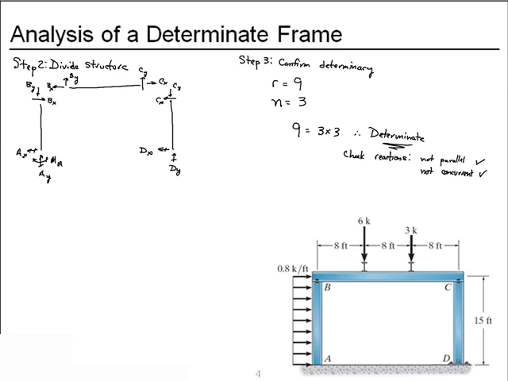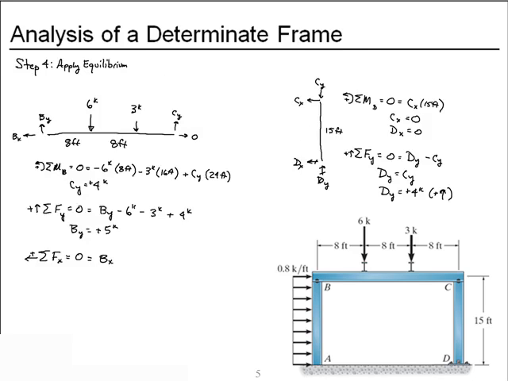In step 2, we divided the structure into its 3 members so that we could see all of the forces we would need to calculate, and in step 3 we confirmed that it is a determinate structure and it is stable. In step 4, we started by drawing a free body diagram of member CD, finding that the horizontal components were 0. Then we looked at member BC, found CY, which we moved over to our previous free body and found the vertical reaction at D. And then we found BX and BY.